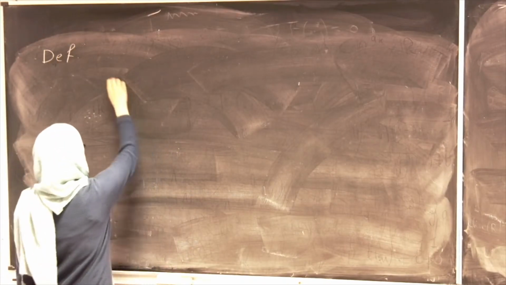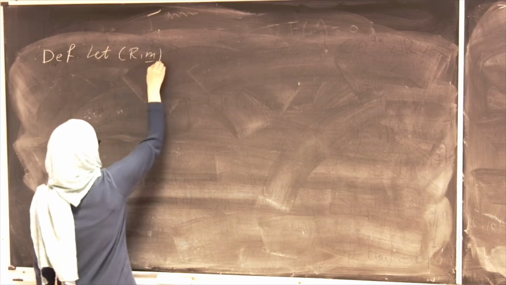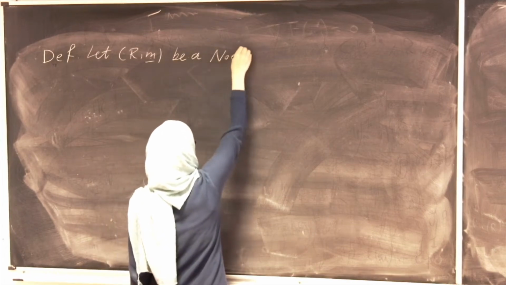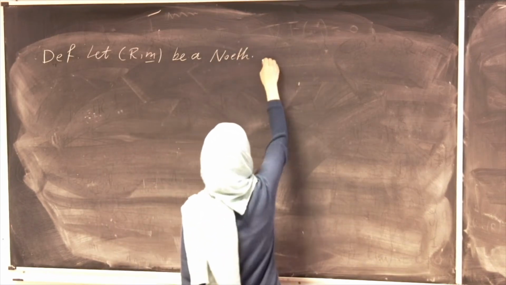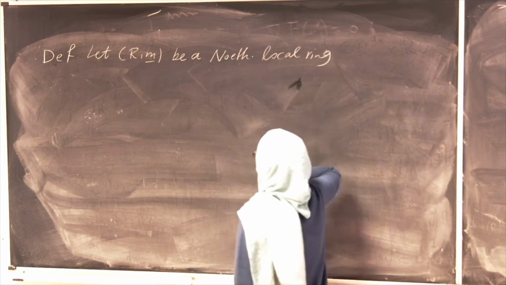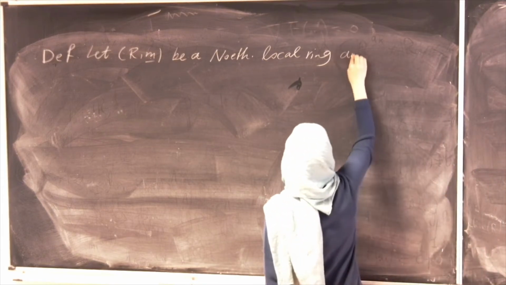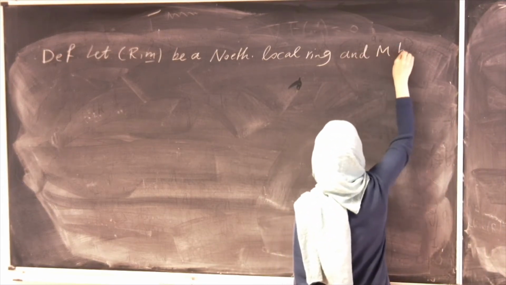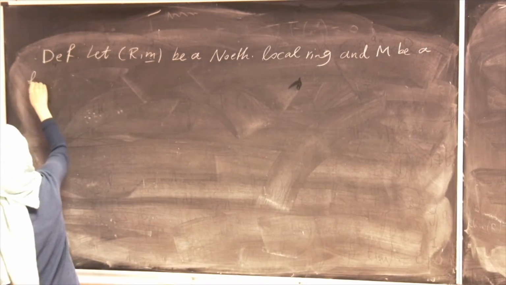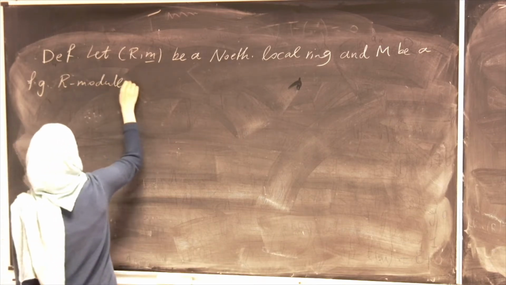So I start with a local ring R, m, which is Noetherian, and M is a finitely generated R-module.